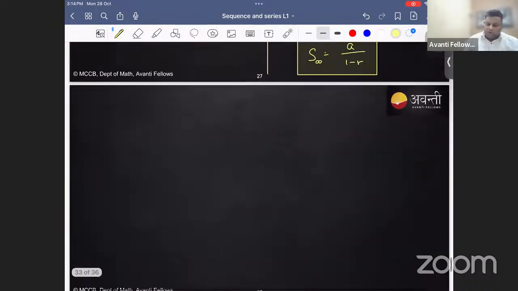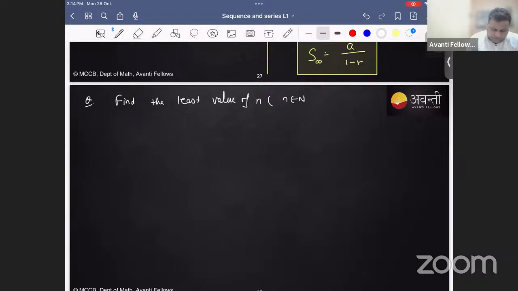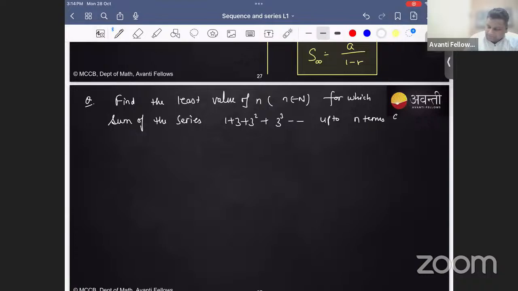Now we'll do 2 or 3 questions first. Write down a question. Find the least value of n, n belonging to natural numbers, for which the sum of the series 1 plus 3 square plus 3 cube and so on up to n terms exceeds 9,000. Your options are 8, 9, 10 and 7.